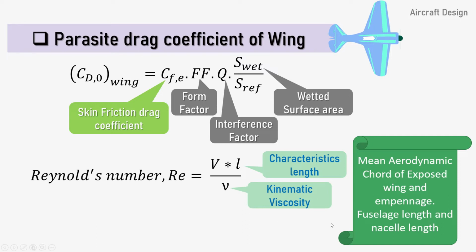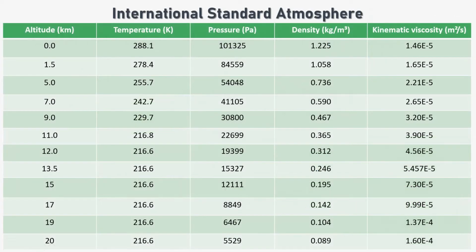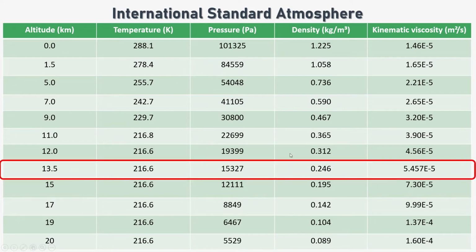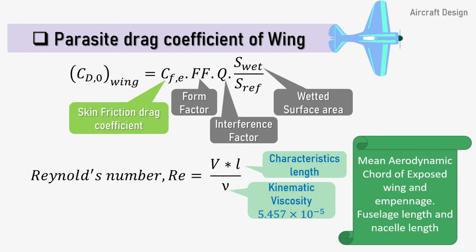So based on the International Standard Atmosphere, I obtain my kinematic viscosity value to be 5.475 times 10 power minus 5 meter square per second. Based on your aircraft, you have to decide at what altitude it is flying, and from the International Standard Atmosphere find the kinematic viscosity for your aircraft. For mine it is this one.